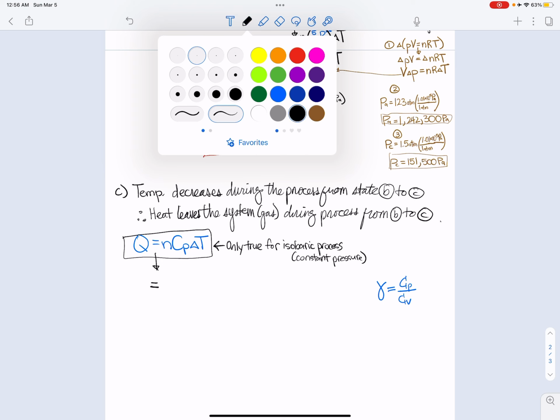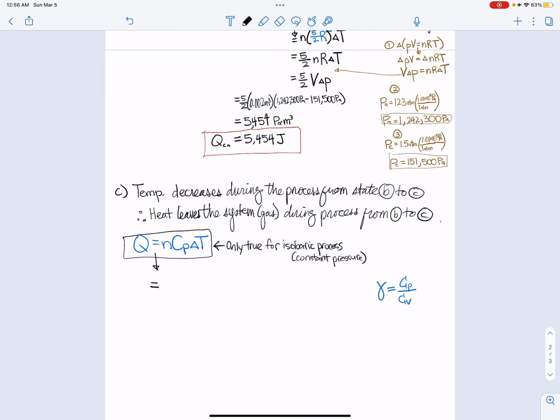Cp is the molar heat capacity for constant pressure, Cv is the molar heat capacity for constant volume, and gamma is the ratio of molar heat capacities. That's something we should have in our notes or cheat sheet.